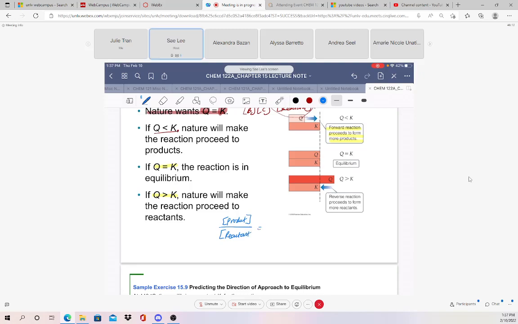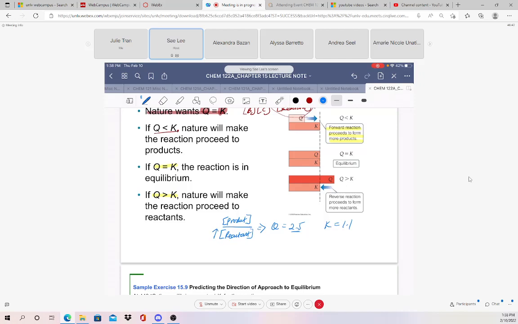Now let's say the Q value is 2.5, and let's say K is 1.1. The only way the reaction can reach equilibrium is by reducing this number. Oh, I'm sorry, by increasing the concentration of the reactant.